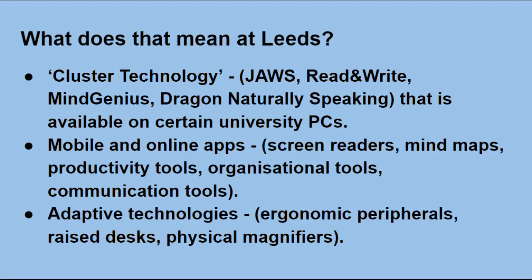We have Mind Genius, which is a mind mapping software to help planning and organization of things like longer pieces of writing or projects in a less traditional, less linear way than is usually accepted. We have Dragon Naturally Speaking, which is a speech to text system where you can essentially type things using your voice, a dictation machine as it were.